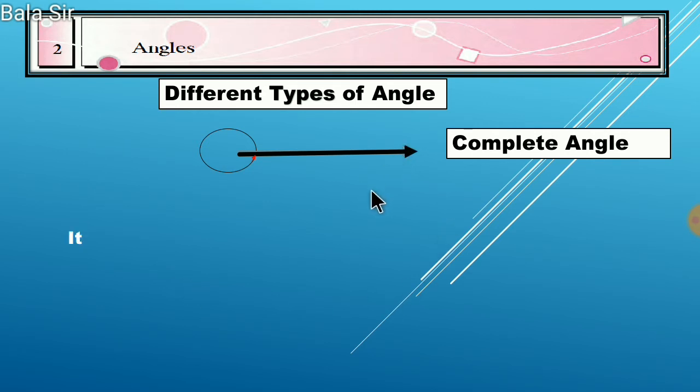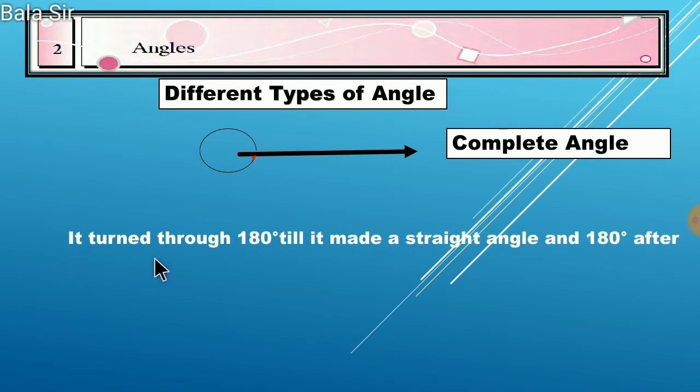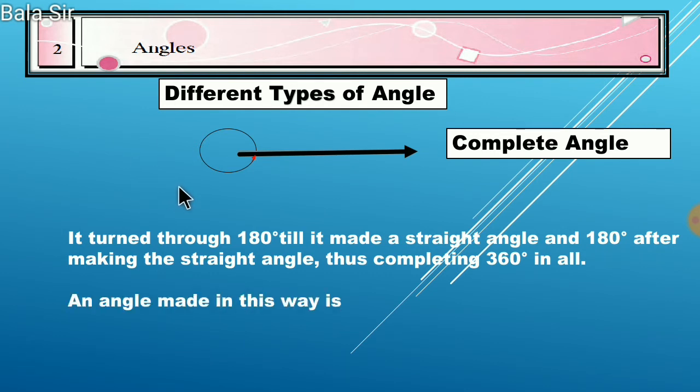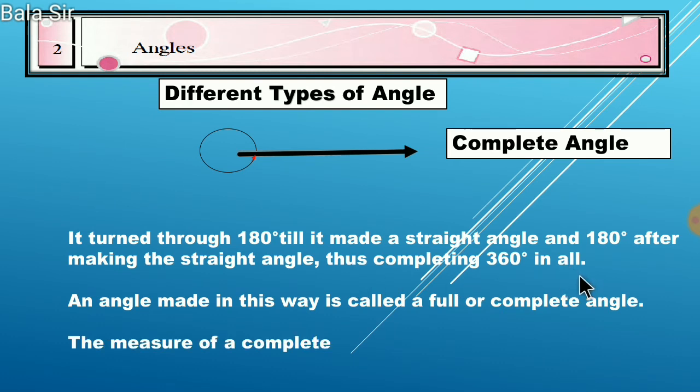This one complete angle, we call a complete angle. It turned through 180 till it made a straight angle, and 180 after making the straight angle, thus completing 360 degrees in all. An angle made in this way is called a full or complete angle. The measure of the complete angle is 360 degrees.